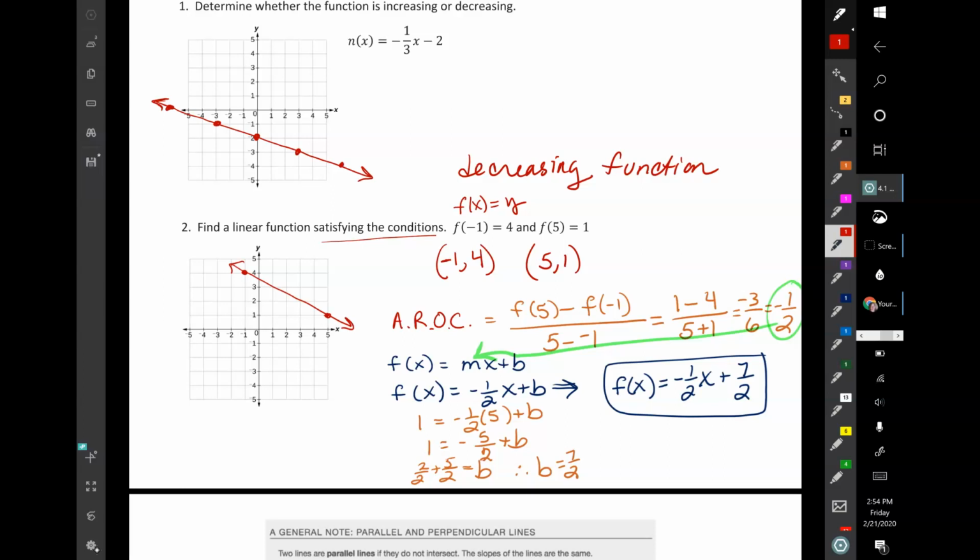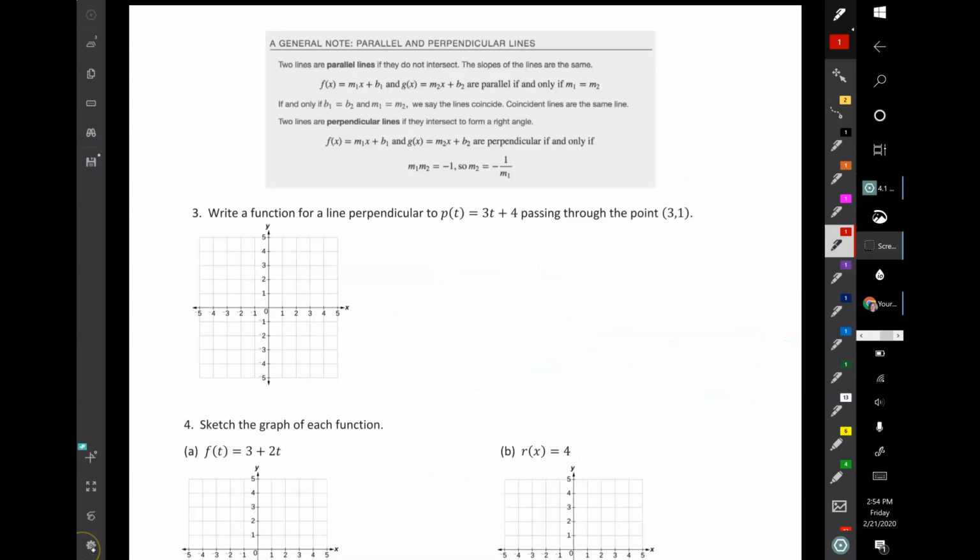So next thing is a bit of a review on parallel and perpendicular lines. Remember that parallel lines do not intersect. They have the same slope or rate of change, so to speak. If they have the same slope and the same y-intercept, then they coincide.